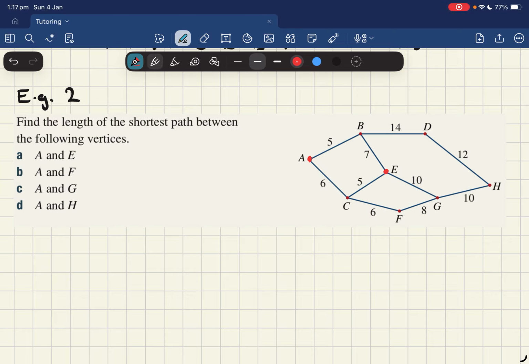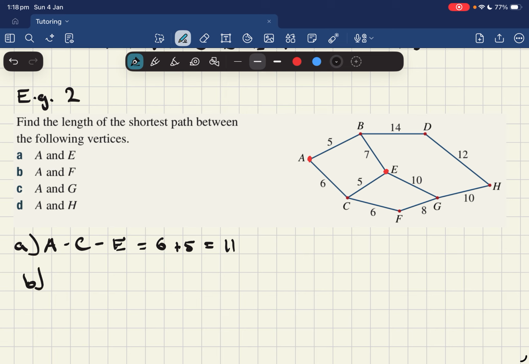So the shortest path here is going to be A, C, E. And that will give you 6 plus 5, which equals 11. They haven't given us units, so we can leave this as is.